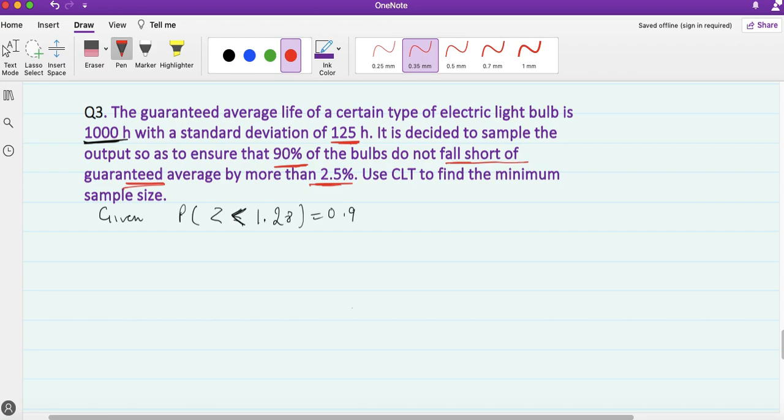So let us first try to convert this statement into the equation. First of all, let us write down the values. Here the mu is given as 1000. Standard deviation is 125. I'm not writing the units because all are the same. And here n is missing.